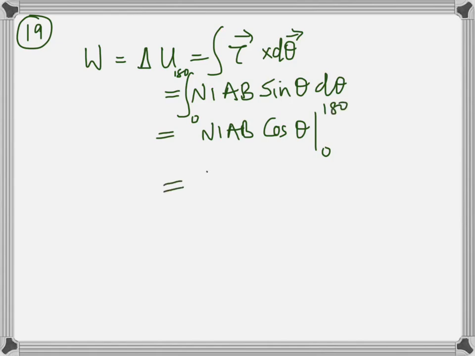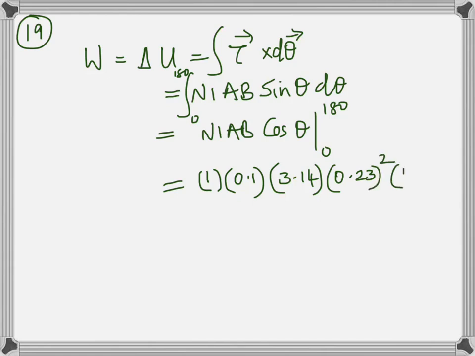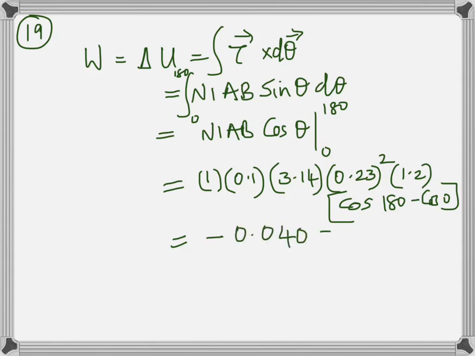When you integrate that, you get cos theta, from 0 to 180 degrees. Put in the numbers, cos 180 minus cos 0, and you get 0.040 joules.